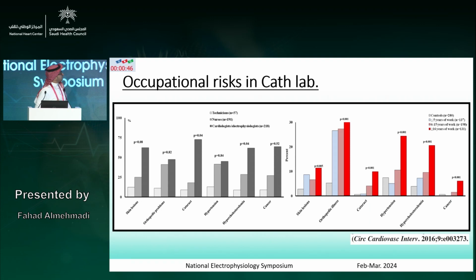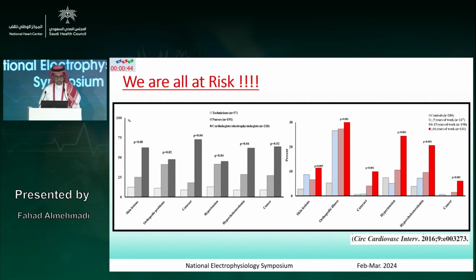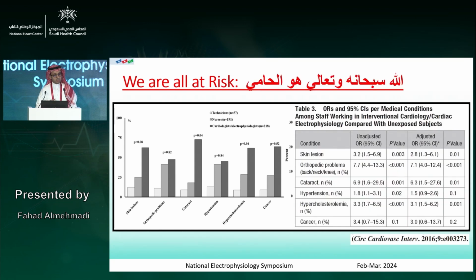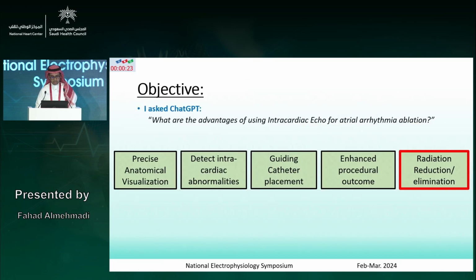People usually brush over this, but honestly, this is us. We are at risk, and God will protect us, but if you see, there is a risk of skin cancer. The risk is 7-fold for orthopedic problems and cataract, and there is a 3-fold risk of cancer, just with the radiation exposure in the cath lab.